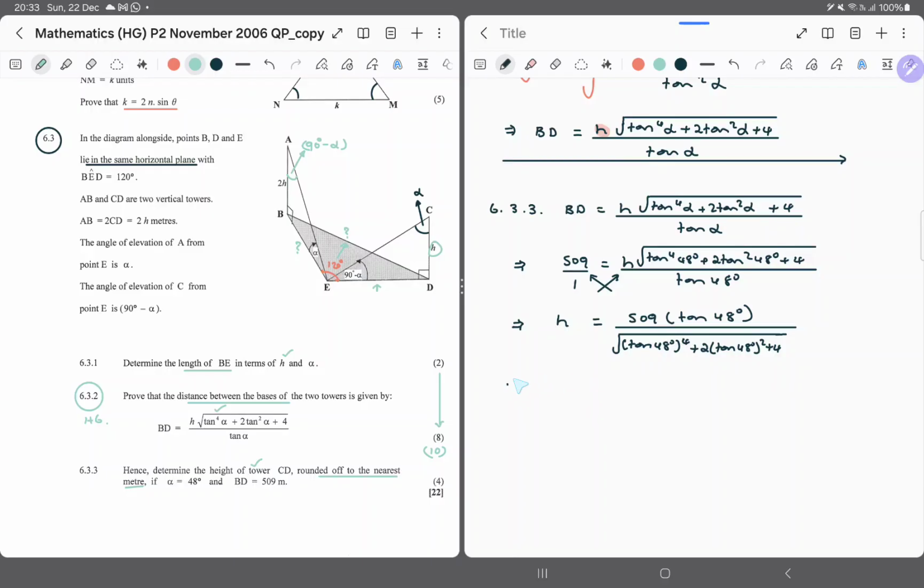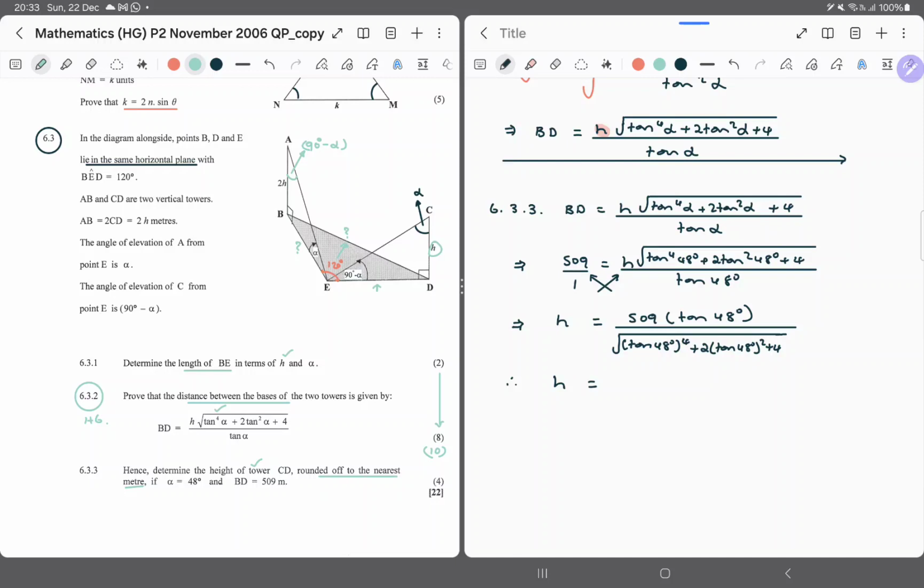Let's see, therefore. Now this is all calculator work, folks. Fraction button, we've got 509 into 10. Now be very careful with these calculators. Make sure the brackets are enough to not mess up the expression.